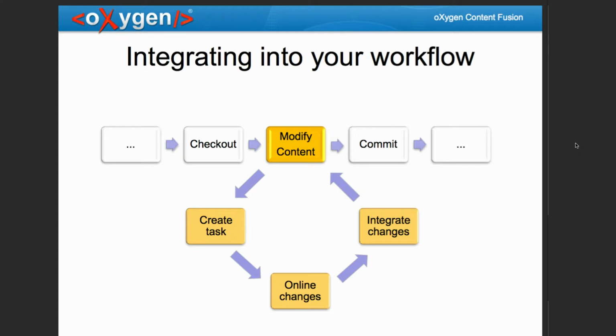So basically this can be attached to any existing workflow as long as you have the files somehow accessible to the desktop version of Oxygen. Then you can spawn this additional workflow and have people interact with those documents.